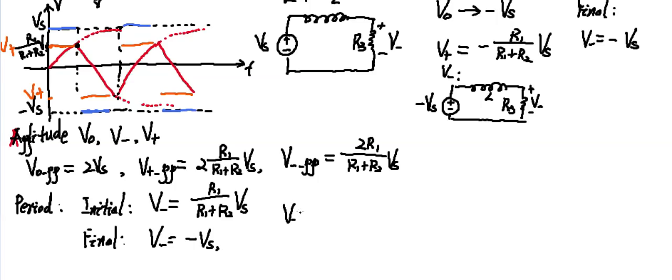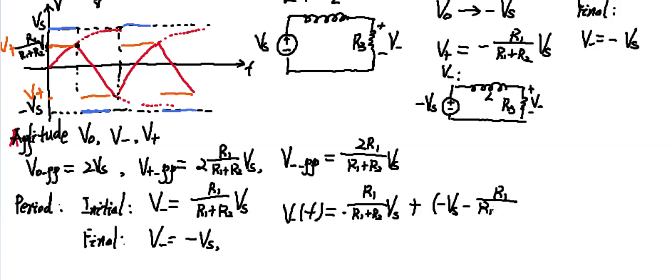Now we can write out the analytical expression for V minus of t. It should simply be the initial state plus the final state minus the initial state, times this exponential time evolution behavior, which is 1 minus e to the minus t over tau.